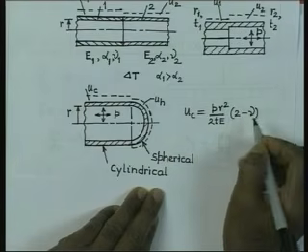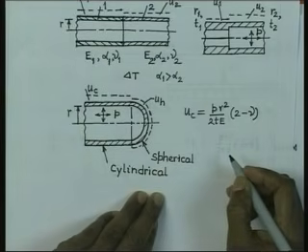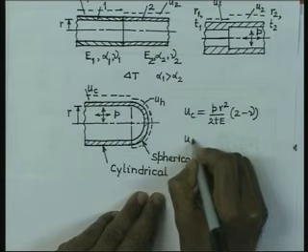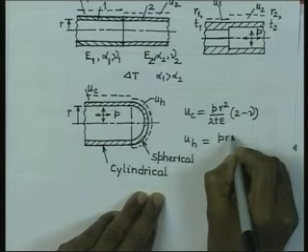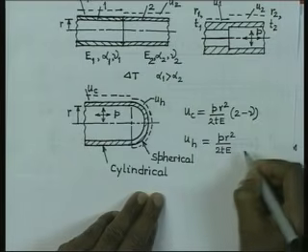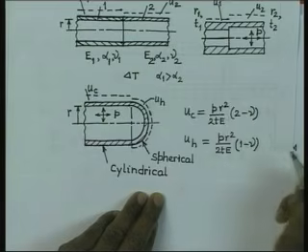So, that is the radial expansion of the cylindrical part, and if you consider the spherical head, that spherical head is going to have expansion in the radial direction, which is nothing but PR square by 2tE into (1 minus nu). In this case, both the stresses are of magnitude PR by 2t, and therefore, you will get the expansion as this much.